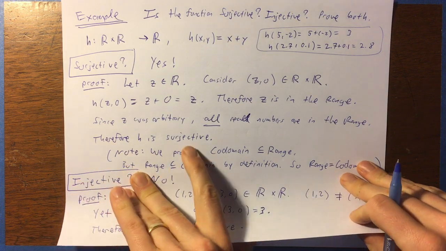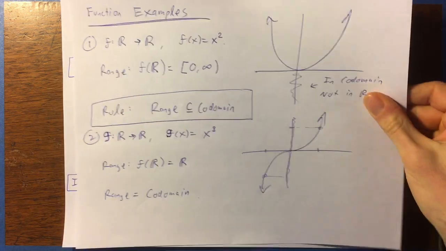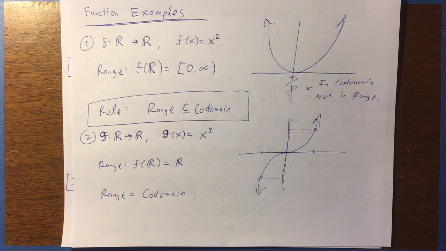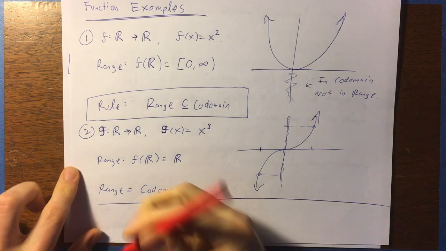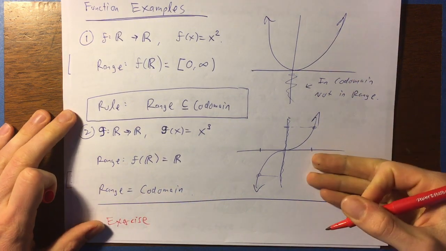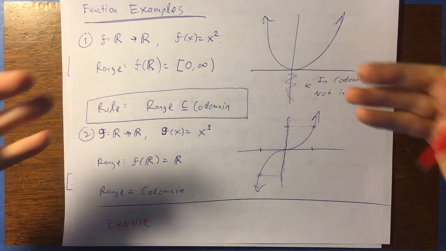Now, I'm going to end this video by giving you an exercise. Let me pull out the example I did a few videos back. Here we go. This example, we did this earlier: the x squared example and the x cubed example. As an exercise, what I want you to do is, for each of these two functions, figure out if it's surjective and figure out if it's injective, and then write a proof.